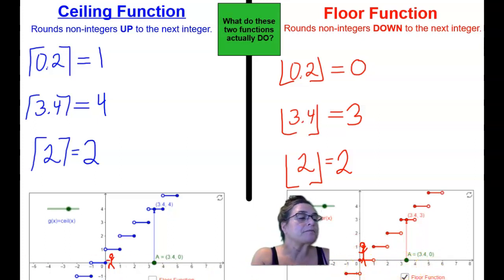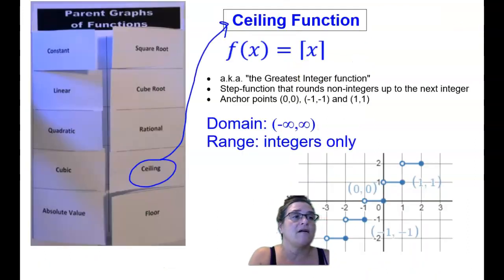Okay, so if we look at the graphs then in our graphic organizer, the ceiling function is f of x equals the ceiling of x, and so the notation has these little bars on the top where the ceiling is. It's also known as the greatest integer function.